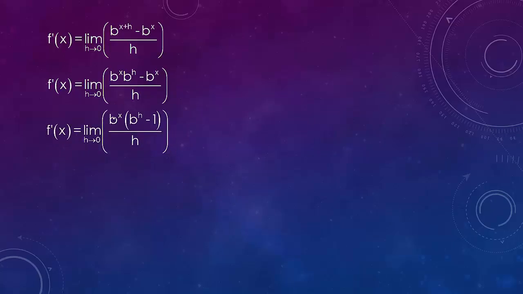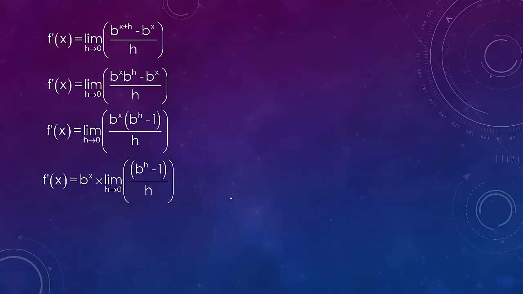So we can take out the common factor of b to the x and give us b to the h minus 1 over h. Now note that the b to the x here doesn't have an h, so it's not really affected by this limit because the limit changes h to 0. And that means that we can actually just take that completely outside. b to the x times the limit as h tends to 0 of b to the h take away 1 over h.